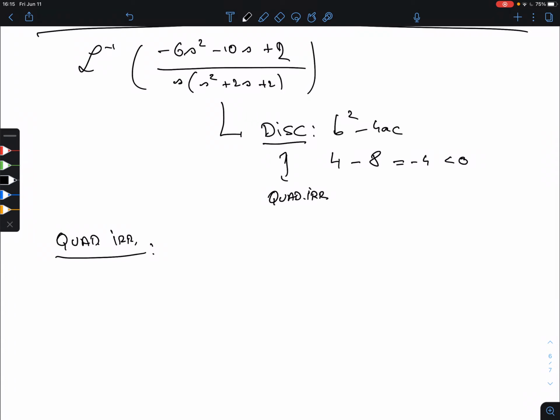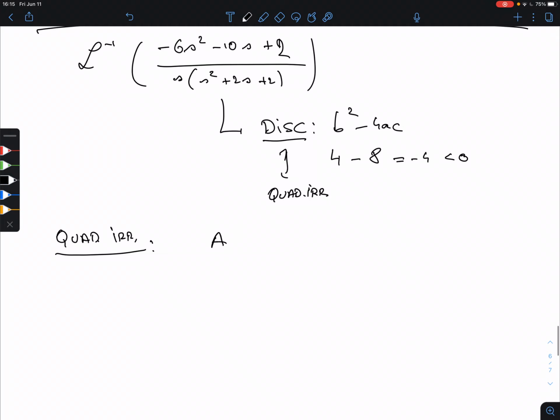First of all, we know that at the s here, that's just a regular factor. Let me say it differently. For the quadratic irreducible, the first thing we need to do is complete the square.